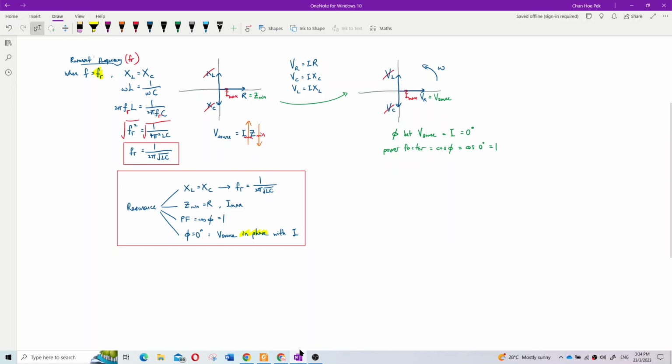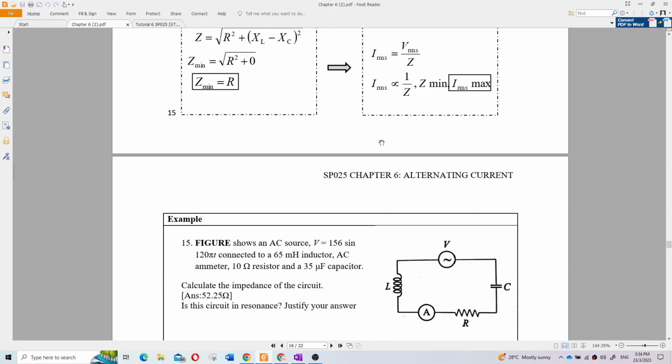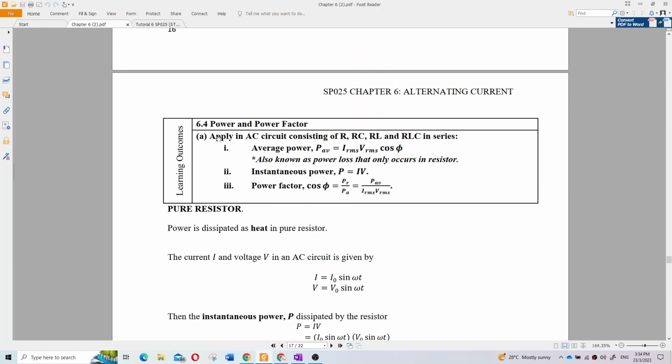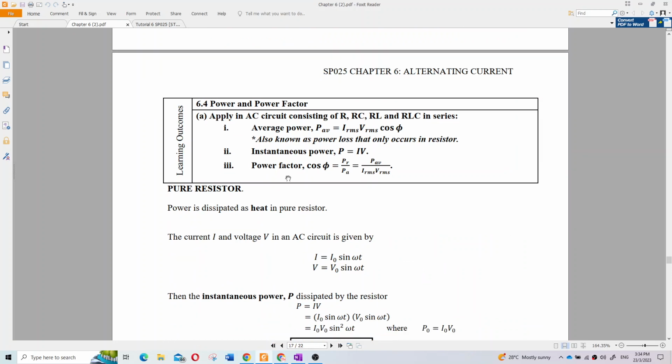Now I want to talk about the next part, which is power and power factor 6.4. We need to learn how to calculate the average power, instantaneous power, and also power factor, cos phi.